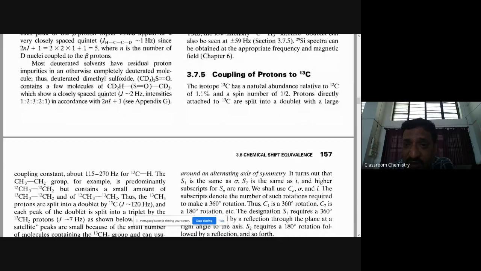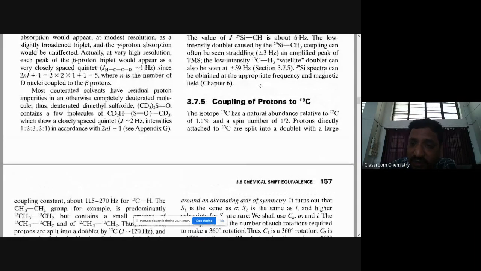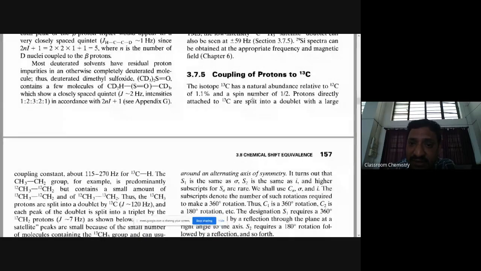What is important here is that the coupling constant with C13 nucleus is large, and the value of that large coupling constant is about 115 to 270 hertz. If you compare that value with previously seen nuclei like deuterium, silicon, phosphorus, the coupling constant value is very high in case of C13 nucleus.